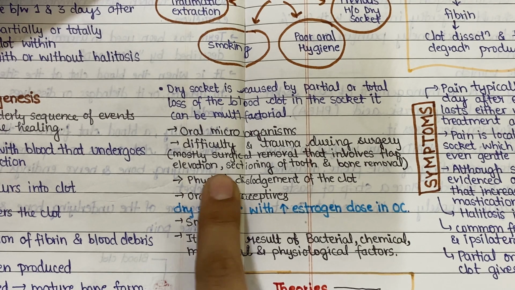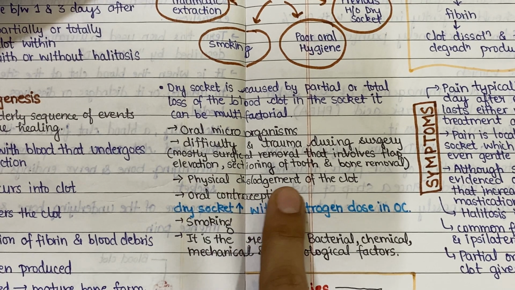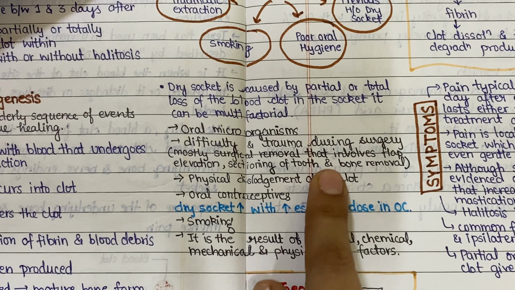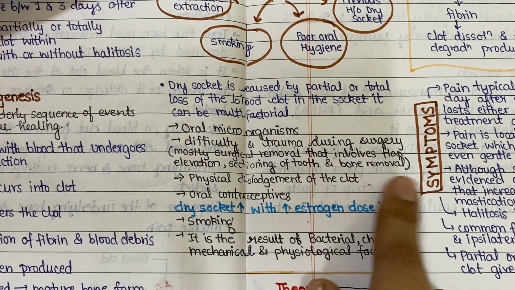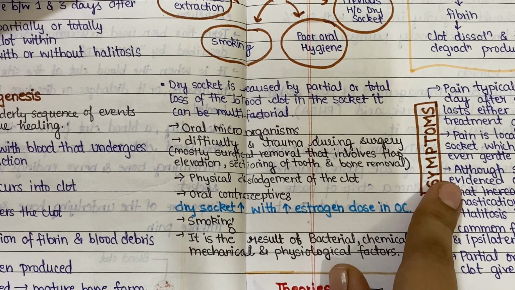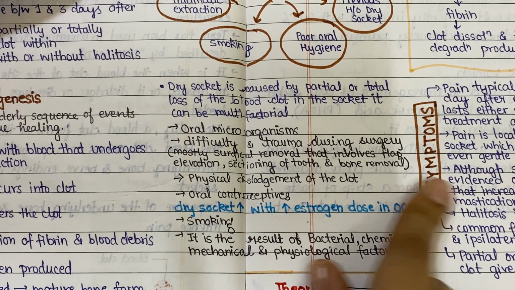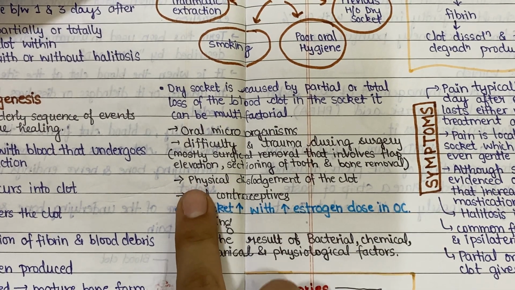The next can be oral contraceptives. Oral contraceptives contain estrogen, present in the contraceptive pills. They may activate the fibrinolytic system indirectly, and this fibrinolytic system causes dislodgement of the clot.